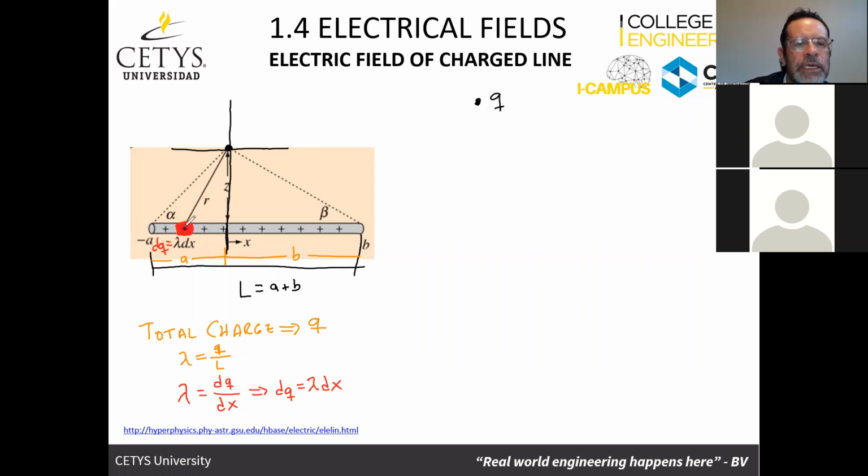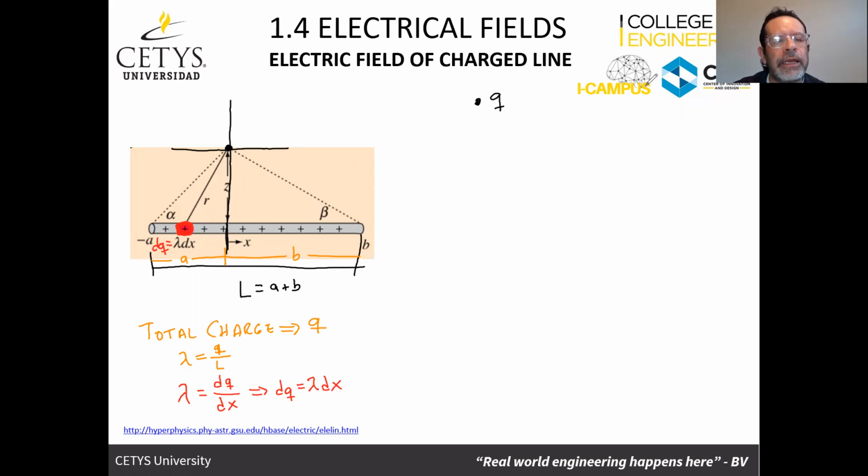Now, if I consider this to be a very, very small point charge here, then I'm going to forget about the whole line. I'm just going to be looking at that point charge. And so this is starting to turn into a problem that's very similar to the ones you guys already solved in the previous exercises.